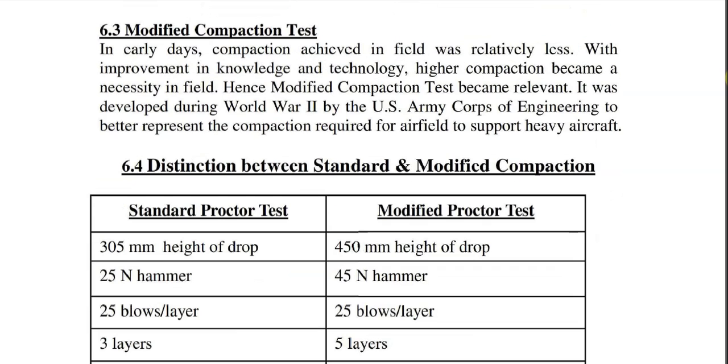Because modified compaction test is conducted when we are expecting heavy loads on the soil. Let's say you are constructing airfield. You are constructing an airfield to support heavy aircrafts. So you have to conduct modified compaction test.